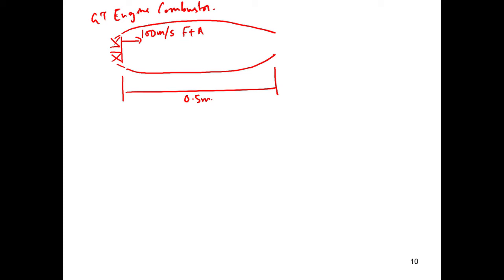So, just by these two pieces of information, that its average velocity is about 100 meters per second and the length of the gas turbine combustor is 0.5 meter, we can find out the residence time scale tau s as the length of the combustor divided by the flow velocity. So, it is half a meter divided by 100 meters per second.